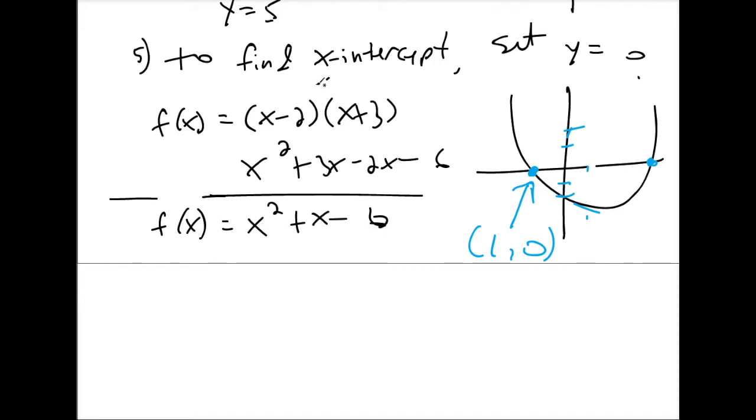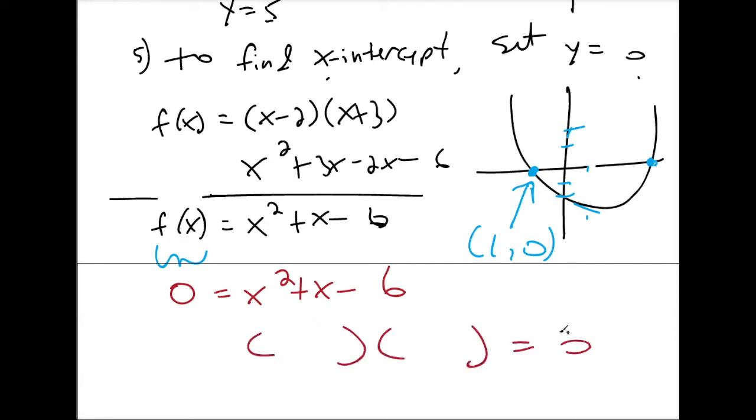Okay, so we have this right here. We're trying to find the x-intercept. So what do we set equal to 0? Y. So this is y right there, so I put a 0 there. Now, how do you solve this thing? By factoring. So you're going to go parentheses, parentheses, equals 0. Do you know how to do this?